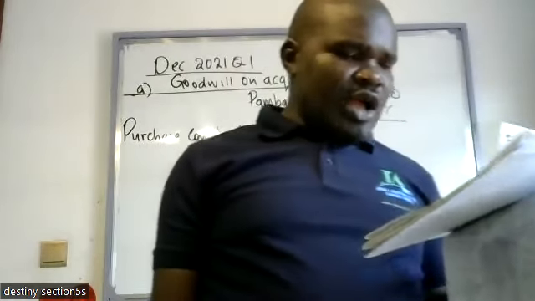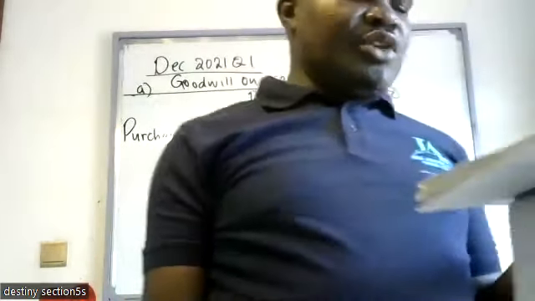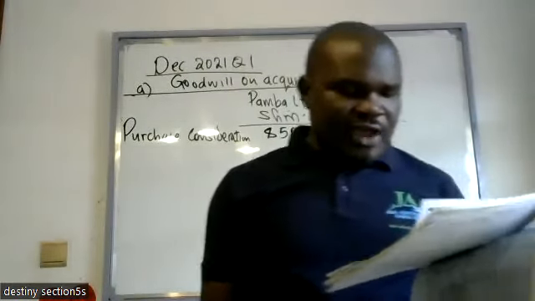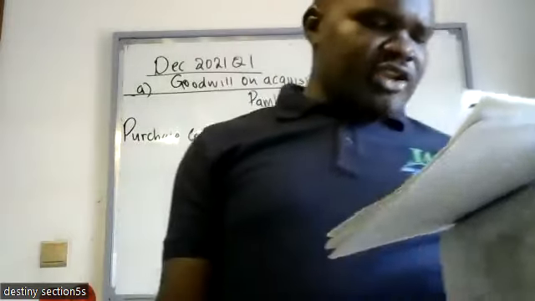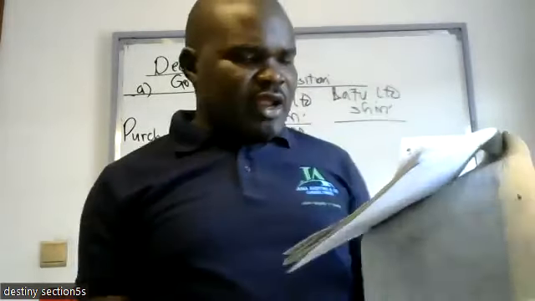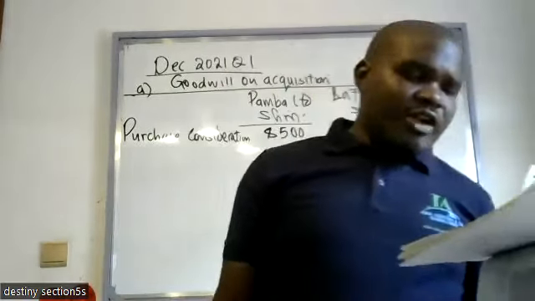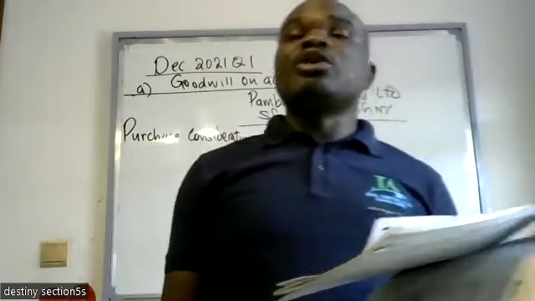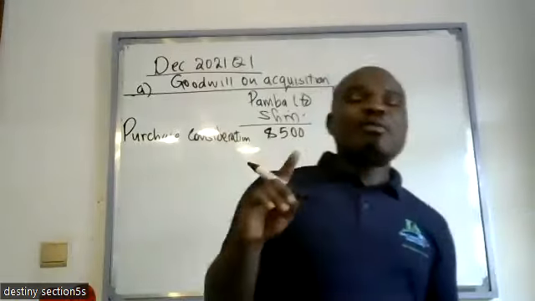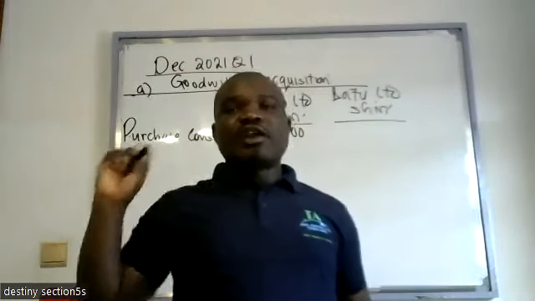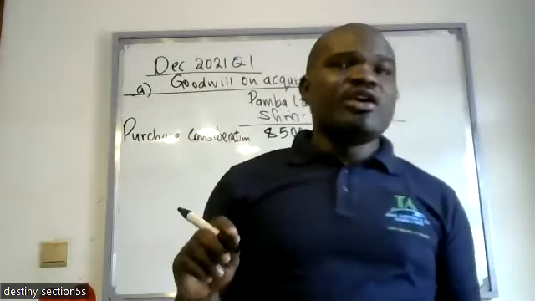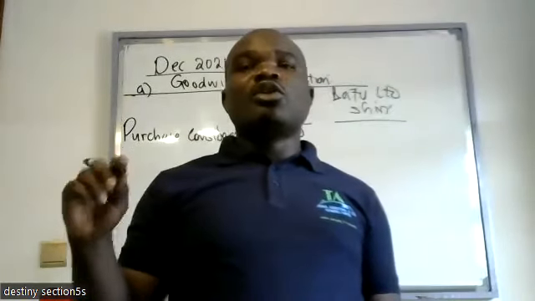They said Pareto acquired 80% equity interest in Pamba when its retained earnings stood at 35. The purchase consideration comprised 1250 million of Pareto Limited shares with a nominal value of shillings 1 each and a market price of 6.8. So where the examiner is not giving you the purchase consideration, you take the number of shares, you don't multiply with the par value or nominal value.